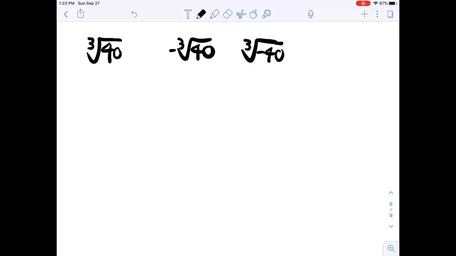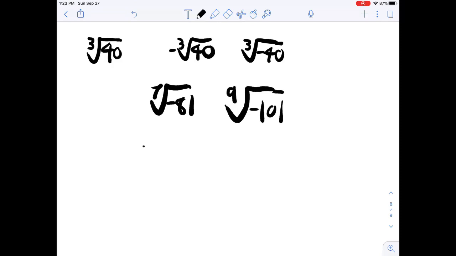So you could solve this or this. The only difference will be that for the answer, the coefficient multiplying the radical has to have a negative in front of it.